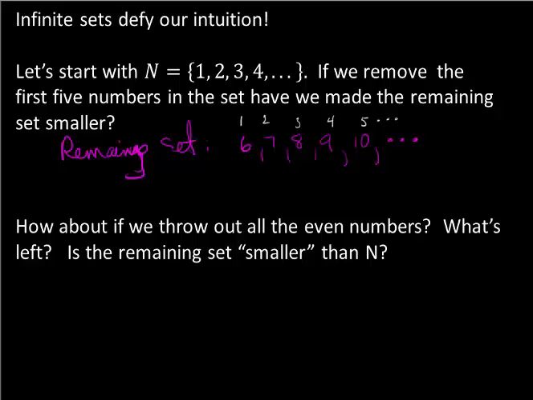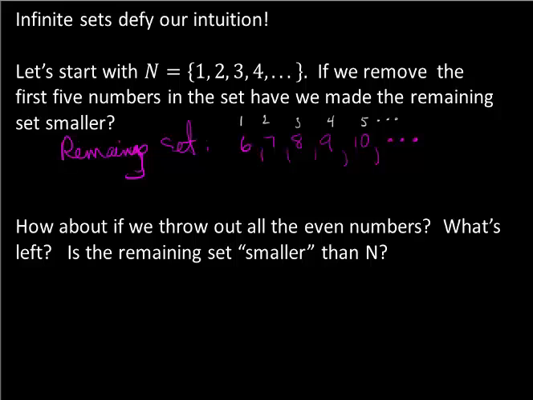This remaining set was just written as a list. It had a first, a second, a third, a fourth, a fifth, and we would just assign the natural number to its position number on the list. In other words, we'll correspond 1 to 6, 2 to 7, 3 to 8, 4 to 9, 5 to 10. And can you see that all natural numbers will be paired with a number in the remaining set, and every number in the remaining set will be paired with a natural number.